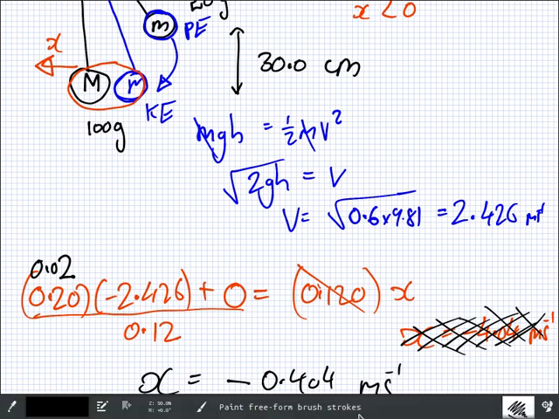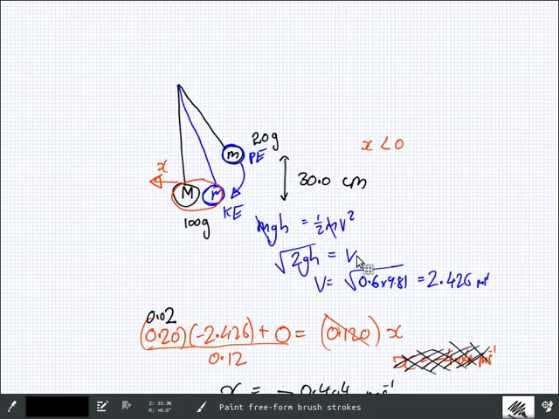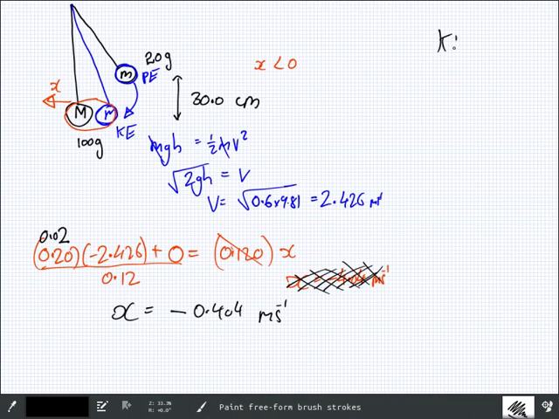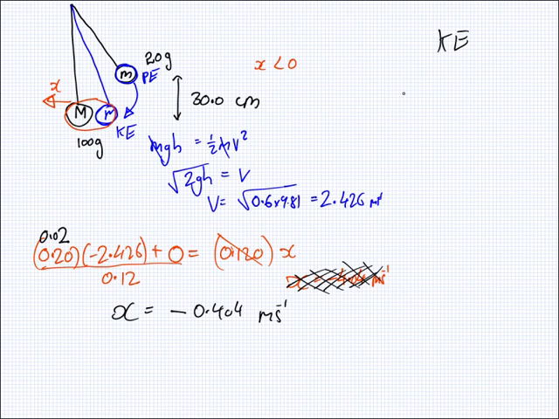Okay, next. How much kinetic energy was lost? So, what was the kinetic energy at the beginning, but just before the collision? That's a half m v squared. And what's the kinetic energy after the collision?